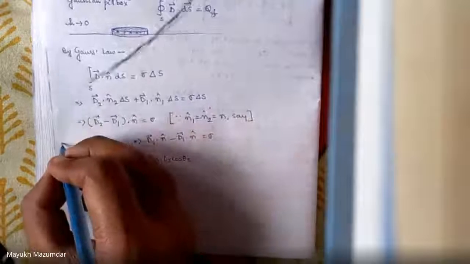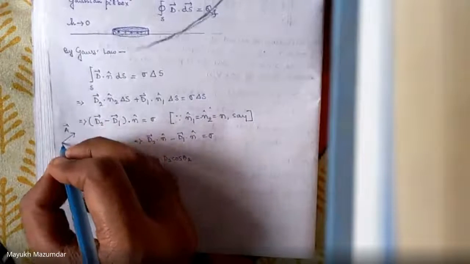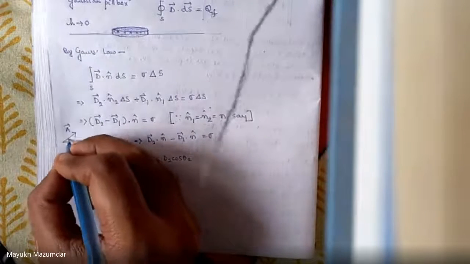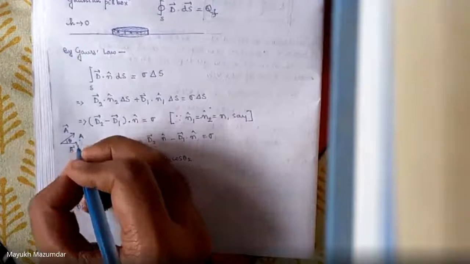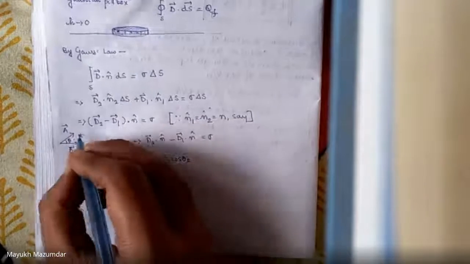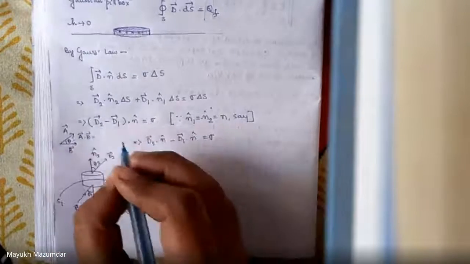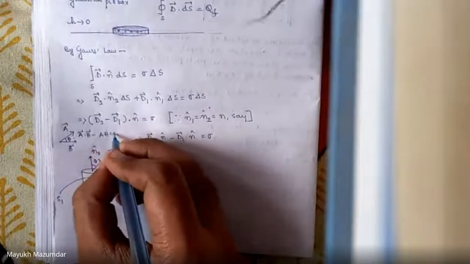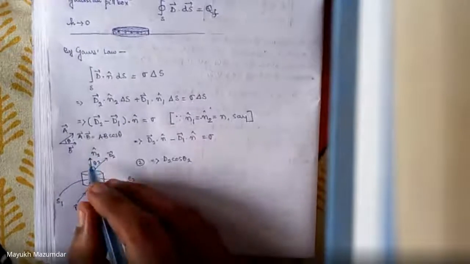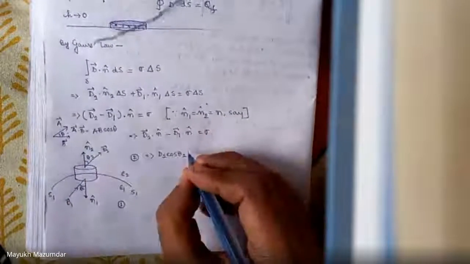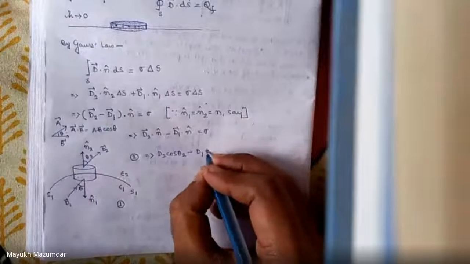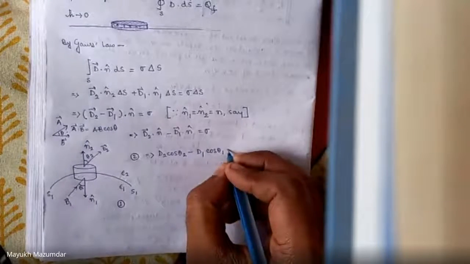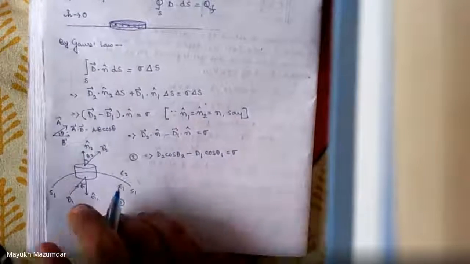Same thing, projection. A vector, B vector, theta. A dot B is equal to AB cos theta. And the magnitude of n is 1 because it's a unit vector. Simple dot product.